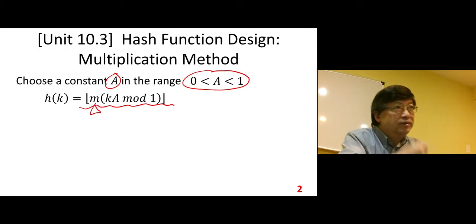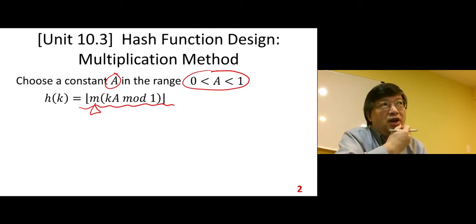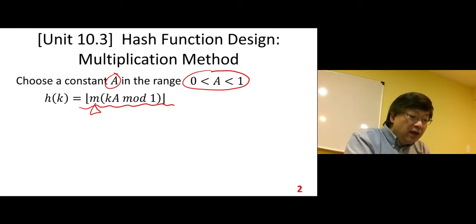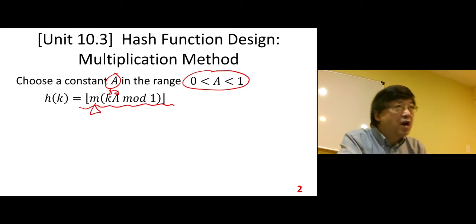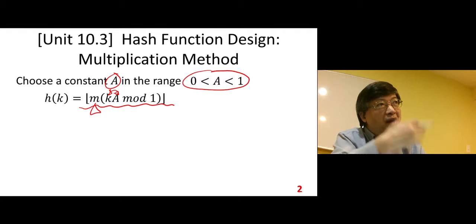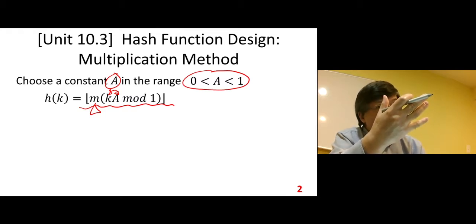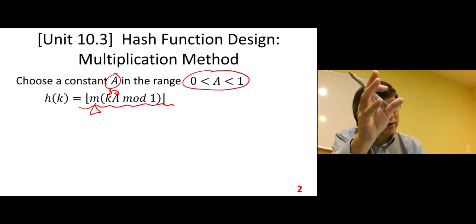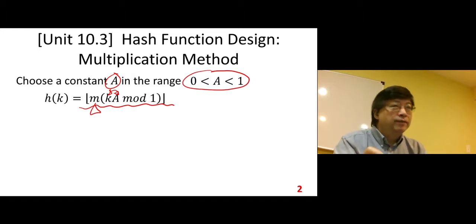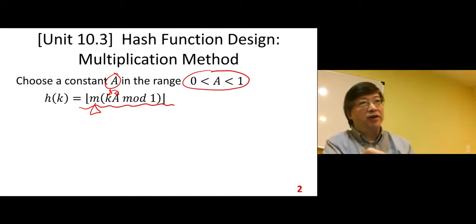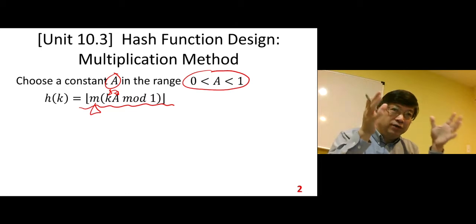We know there are M slots. K, the key value, times that positive constant. So you get a number, usually not an integer, a number with a fractional part. Then you mod 1, so you remove the integer part. You only keep the fractional part.